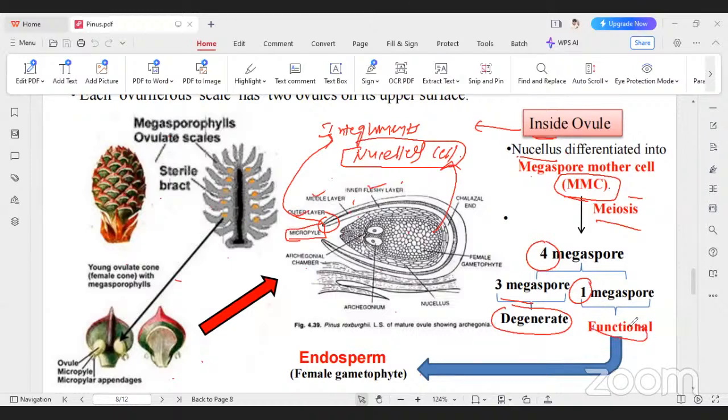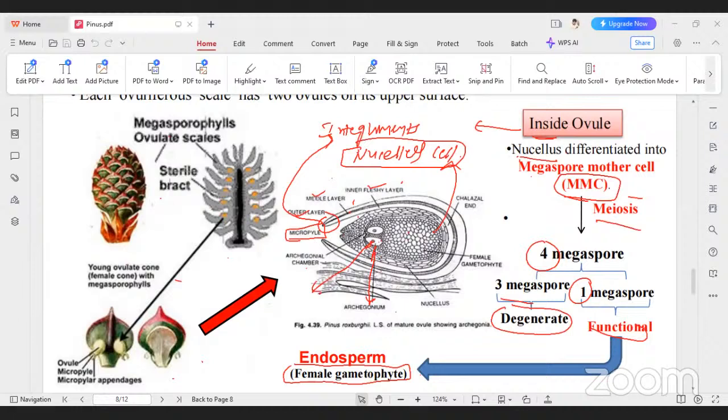This functional megaspore develops into the female gametophyte, and archegonia develop inside the ovule or megasporangium. Two archegonia develop, and inside each archegonium a female gamete develops.